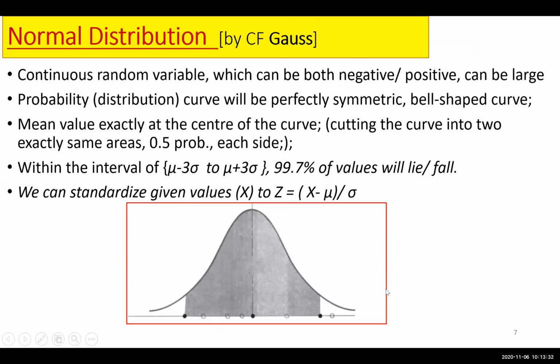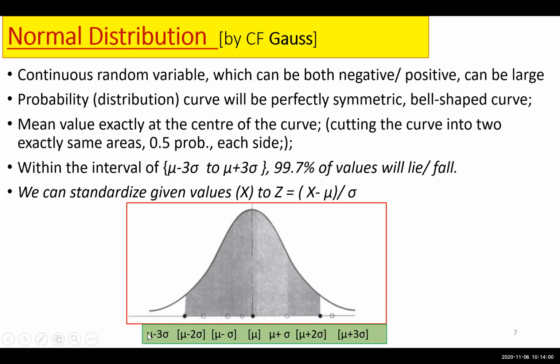Now here please have a look at the normal distribution. At the center is the mean, and this side half portion is 0.5, this side half portion is 0.5. Now if you have intervals, please have a look here. Mu minus sigma to mu plus sigma, there is one interval. Mu minus 2 sigma to mu plus 2 sigma, there is another interval.